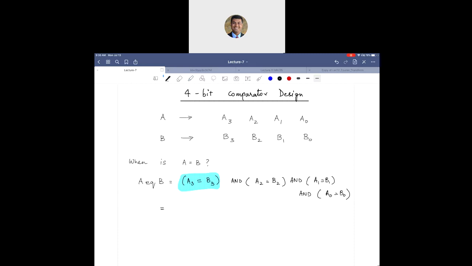So I would need to do A3 exclusive NOR B3 and A2 exclusive NOR B2 and A1 exclusive NOR B1 and A0 exclusive NOR B0.